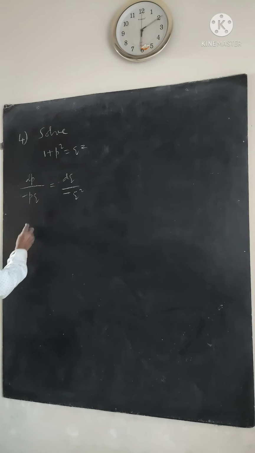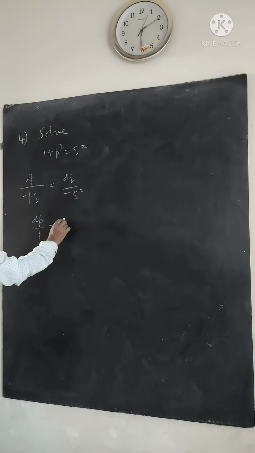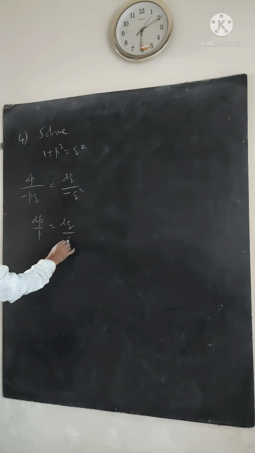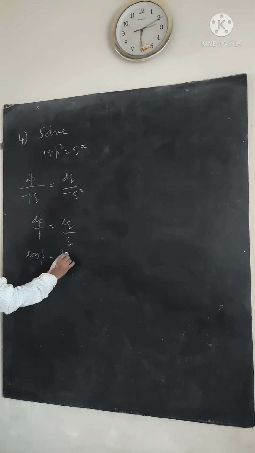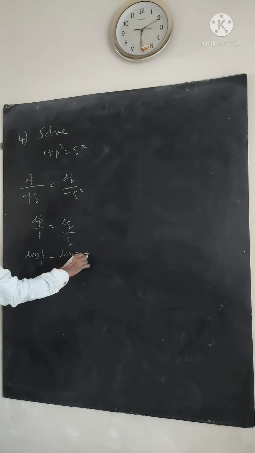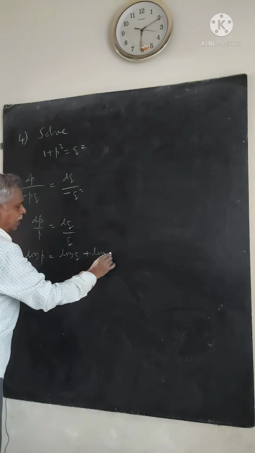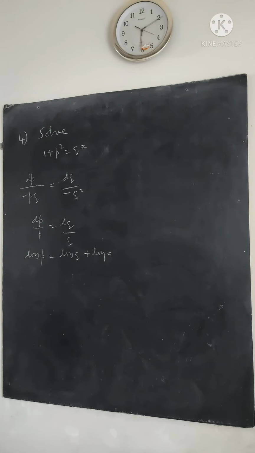Removing q and negatives on both sides, dp by p equals dq by q. Integrating, log p equal to log q plus log a, so log p equals log aq, removing logs on both sides.